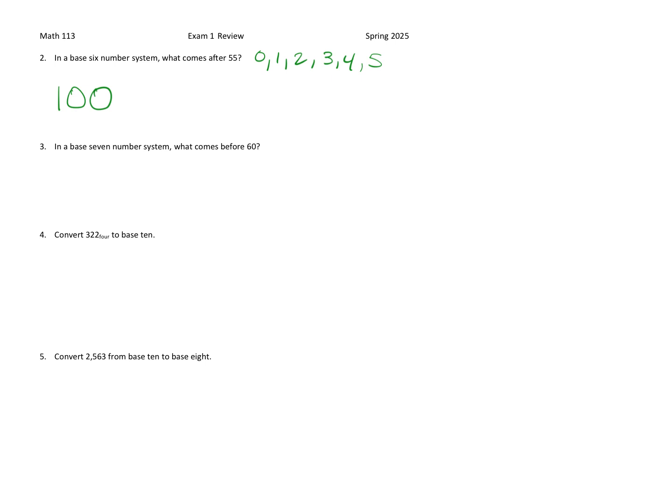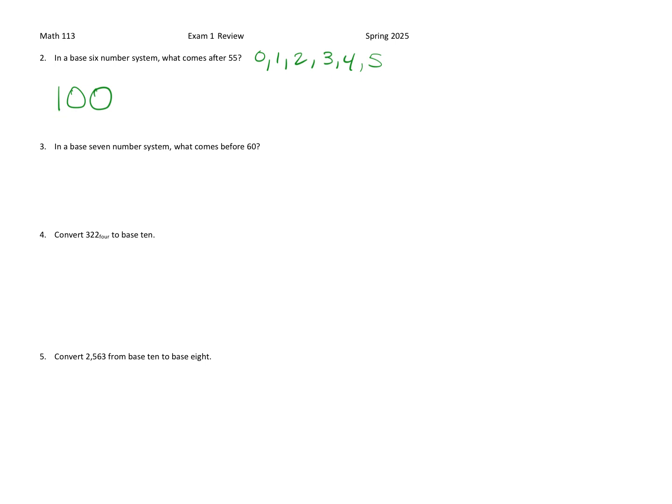So in base six, 55 is kind of playing the role of 99 in base 10, because 5 is the very last symbol that we can make use of. So after 99 in base 10 is 100, and after 55 in base 6 comes 100.